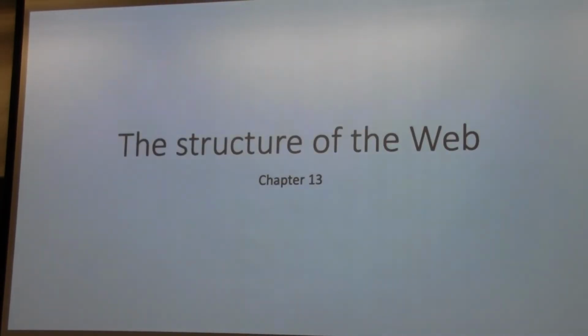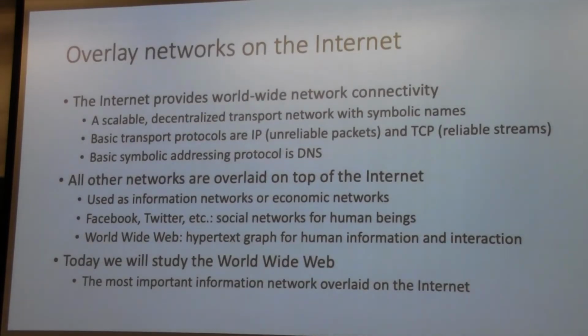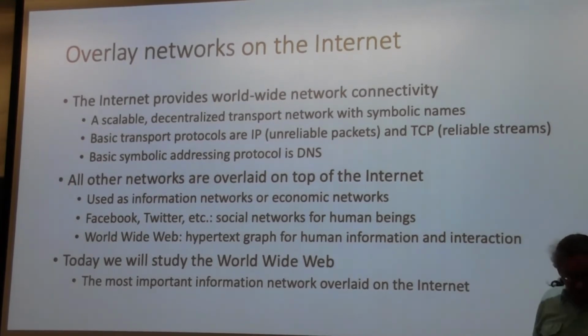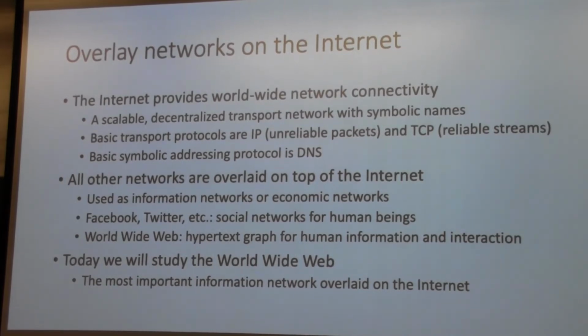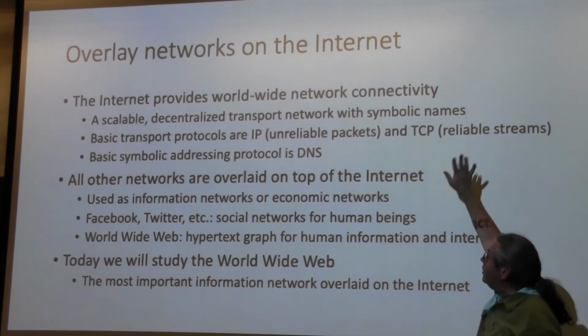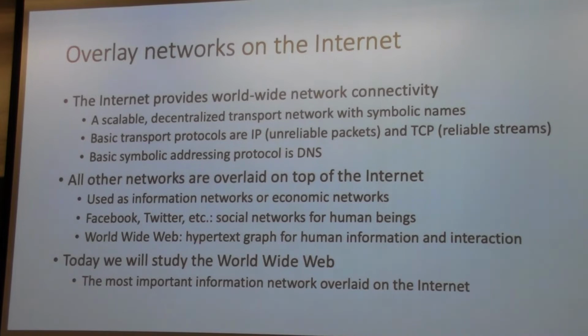Okay? So let me talk a little bit about structure first. This is very well known. There is a protocol, a stable decentralized transport network, that's the internet, and there are two basic protocols, IP and TCP. You've already seen this in your networking course, and there's an addressing protocol called DNS, and all other networks are laid on top of that.